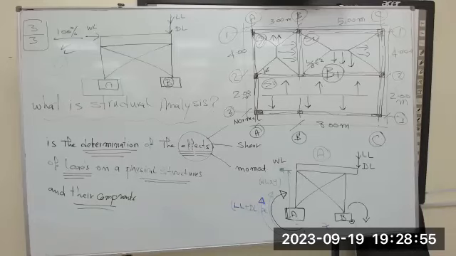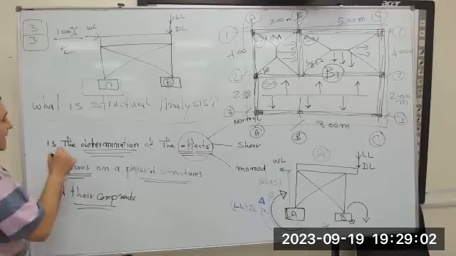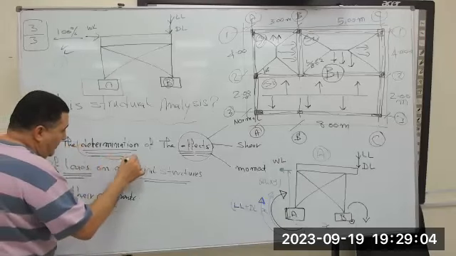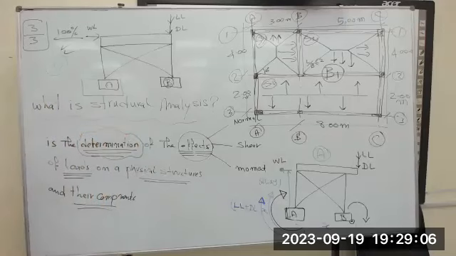We start equilibrium. We will talk about what now? We'll talk about determination. There are a lot of methods: force method, displacement method, influence line methods, moment distribution. About physical structures and their components: frames, beams, trusses, columns.